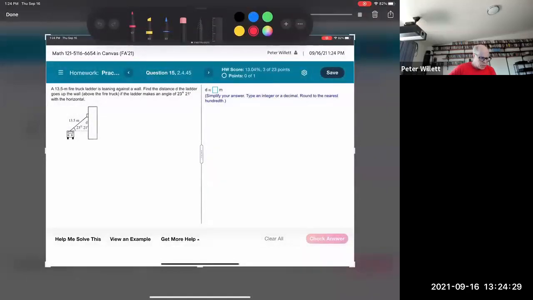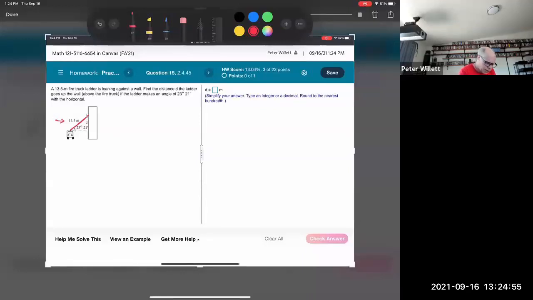A 13.5 meter fire truck ladder is leaning against a wall. So they've labeled that here, and that means that's this ladder right there, the 13.5 meters. Find the distance D, and they have a D in our picture. The ladder goes up the wall above the fire truck.